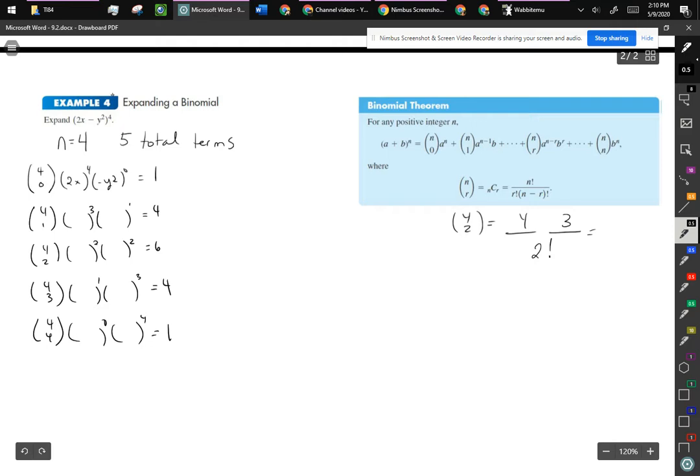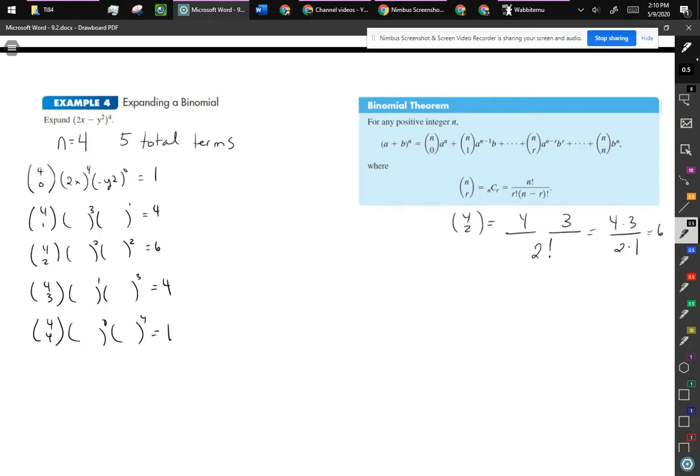So that becomes 4 times 3 over 2 times 1, and that ends up being just 6. None of this stuff is hard to do without a calculator at smaller numbers. Sometimes it's worth doing this because it might be good review if the numbers are small. But regardless, let's go ahead and simplify this now.